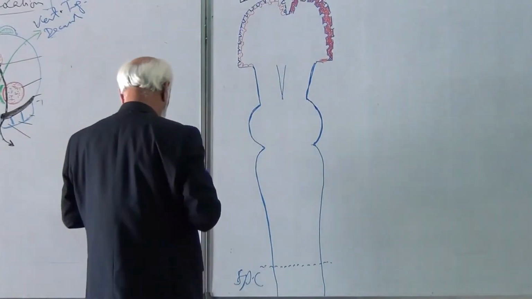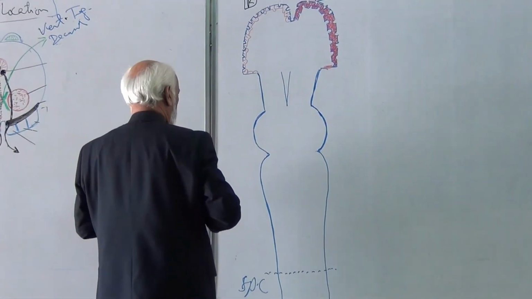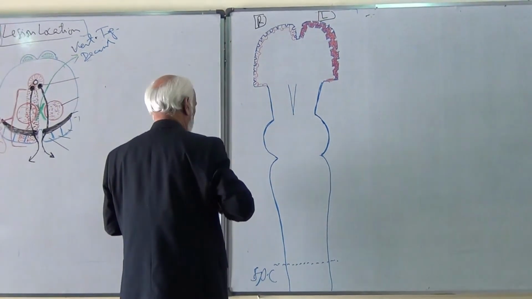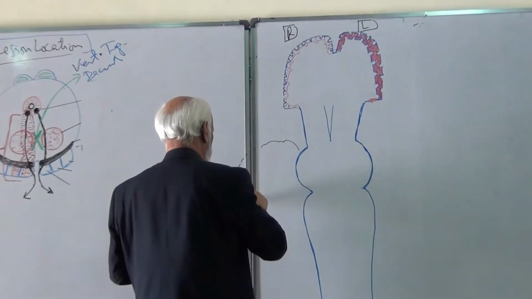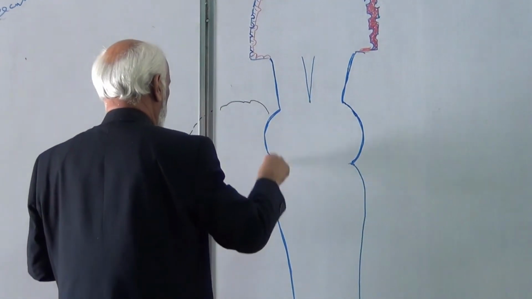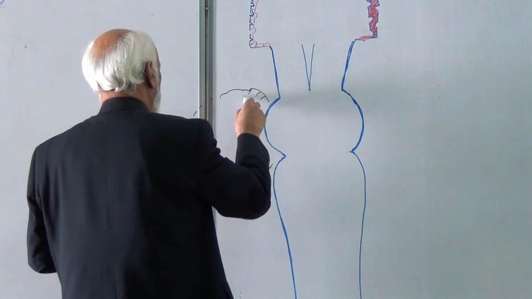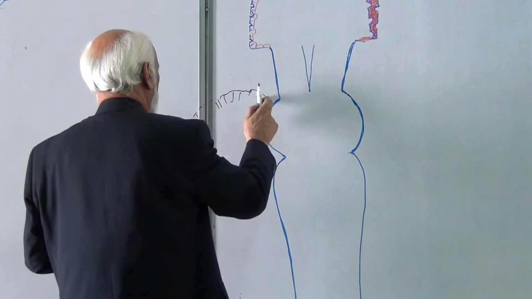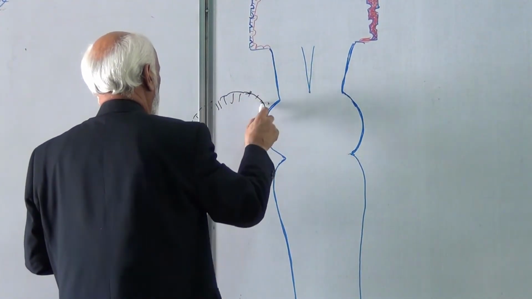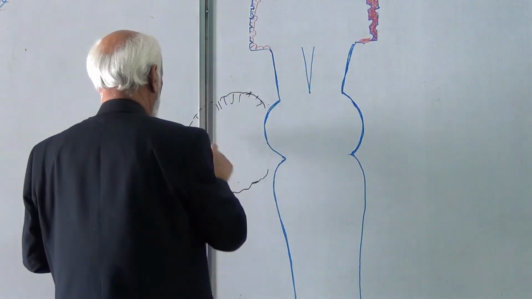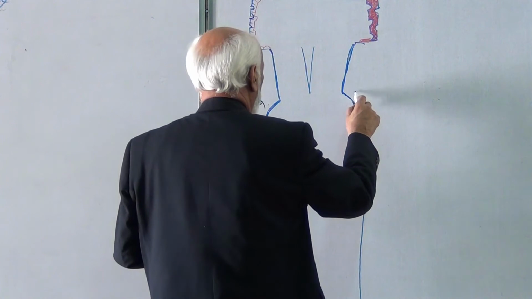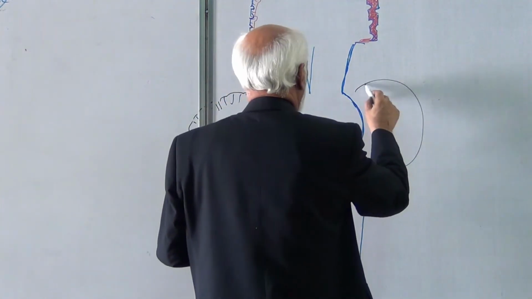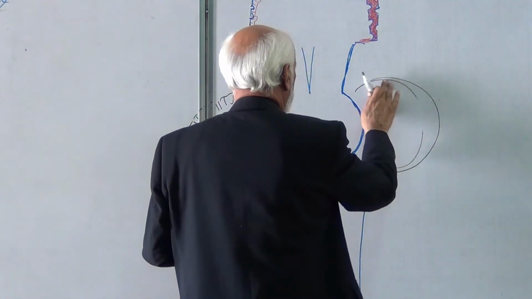Now behind it, on the right side, you can see the right cerebellar hemisphere. And on the left side, the left cerebellar hemisphere.